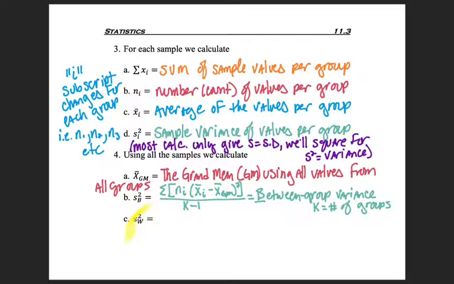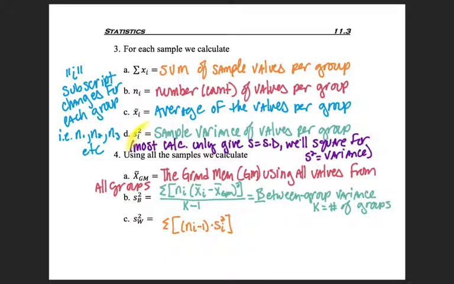And last, the new term we need is the variance sub W. And this is where we take the count of each group minus 1 times that group's variance. So notice we're not going to square everything. For variance sub B, we square some subtracted values.